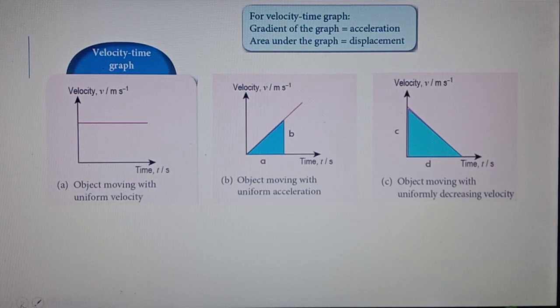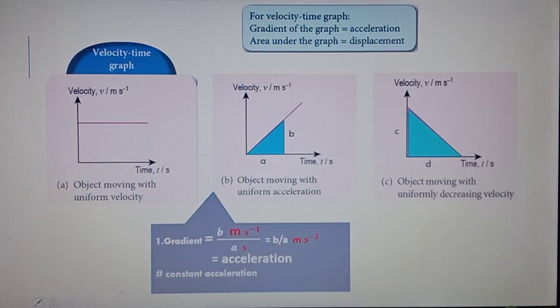So for this graph, gradient equals b divided by a. The unit is meter second negative 1 divided by second. Simplify the unit. Thus we get gradient equals b divided by a, meter second to the power negative 2. As we discussed earlier in Chapter 1, meter second negative 2 is the unit for acceleration.